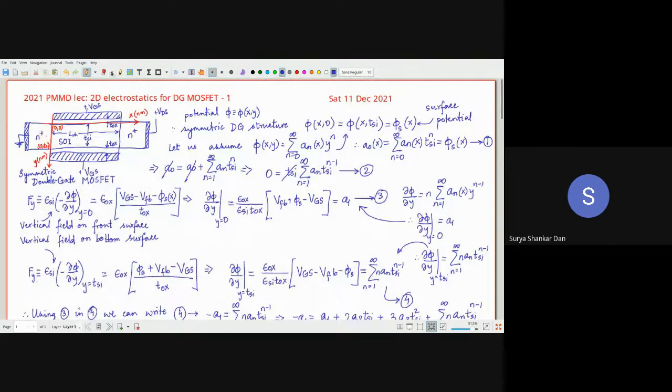So if I am drawing exactly at this place, tsi by 2, the vertical electric field is 0. What does it mean physically? That means the electric field from the top and the electric field from the bottom will cancel each other out exactly at the center. This is going to be important when we are trying to derive the currents for this device. However, that is beyond the scope of this course.